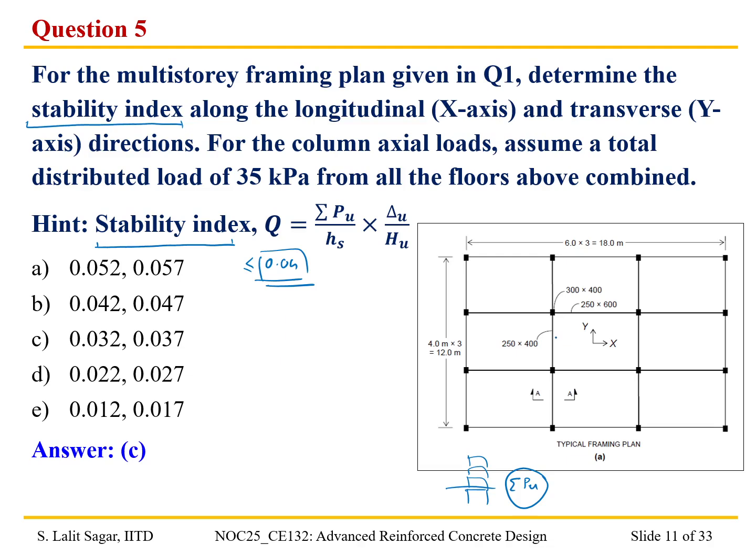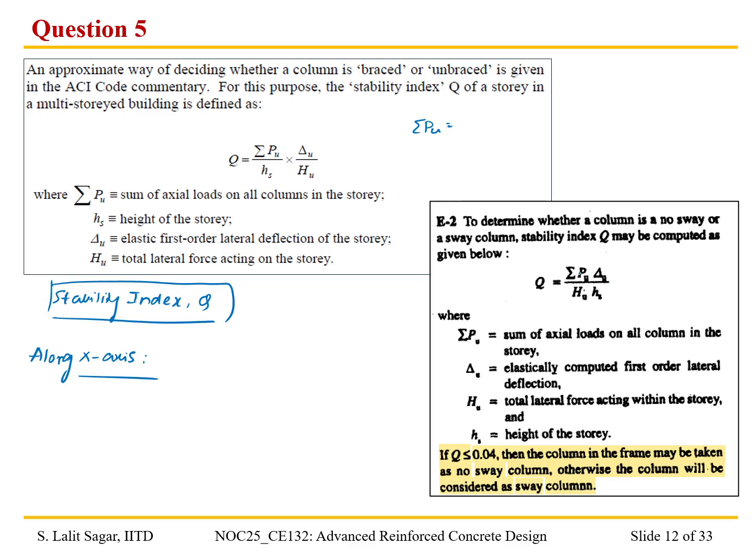So 35 multiplied by 18 by 12, which gives us 7560 kilonewton. That is the value of sigma pu.